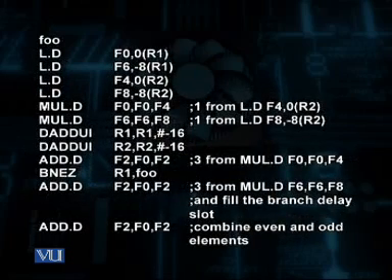This results in this code shown over here, which avoids the stall operation. Here you can see that the second add instruction, the add D instruction, is placed in the second last position in order to take care of the latency of 3 from the multiply F6, F6, F8 instruction.